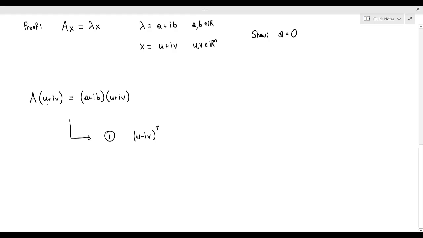So the conjugate becomes u minus iv and then transpose. I'm going to multiply both sides on the left by the conjugate transpose. Now, this is a complex scalar, but as a scalar, I can keep it in front and then multiply the conjugate transpose of my eigenvector in the middle.